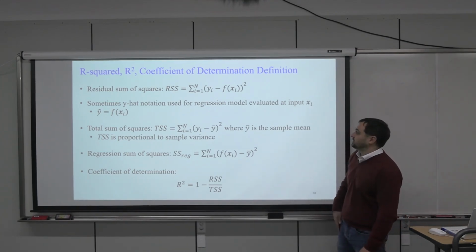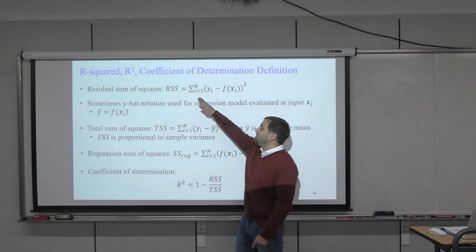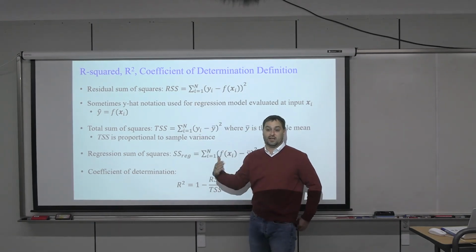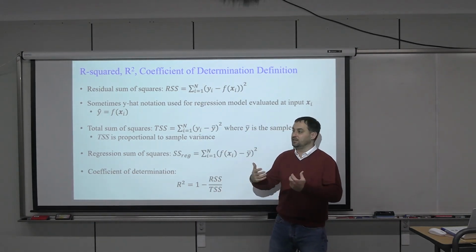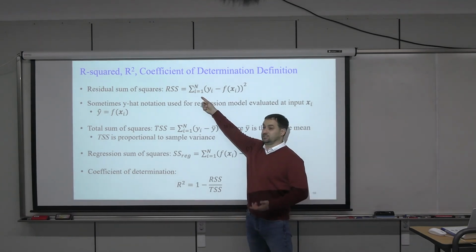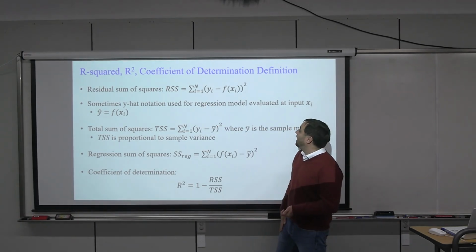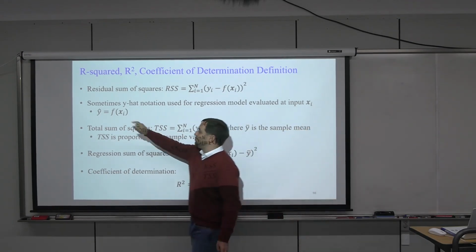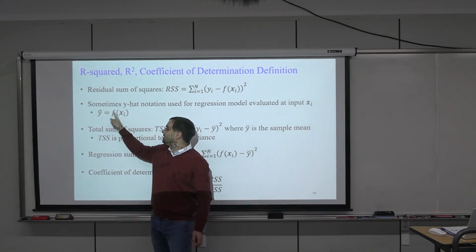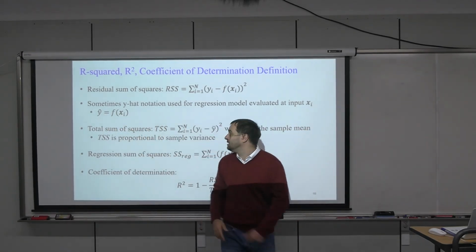So first is our residual sum of squares, which we first defined in the derivation of the least squares regression. Linear least squares regression minimizes the residual sum of squares function. And remember, sometimes we will use a regression function to evaluate an input point we call the output y hat.